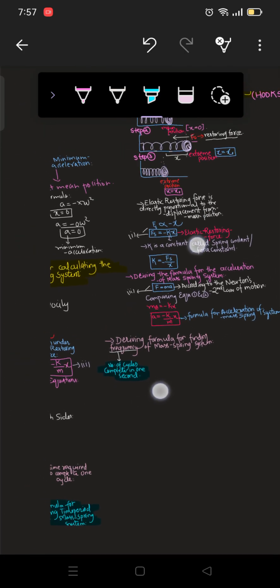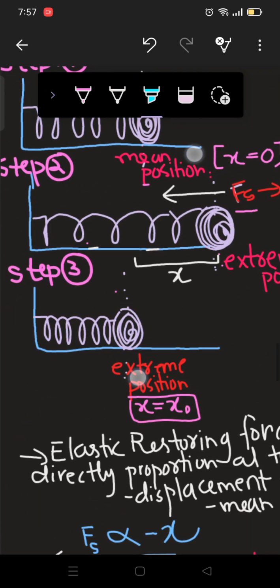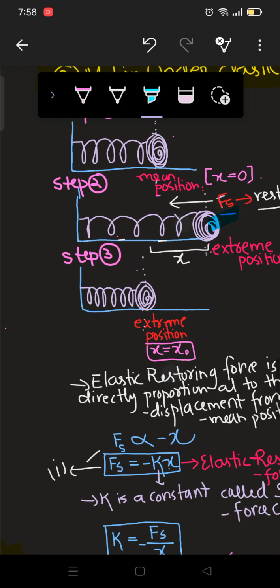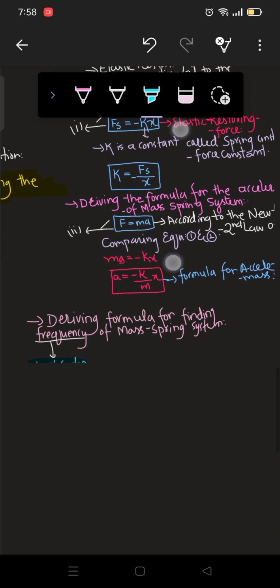So how many times will this body complete its cycle, which means it will go to the mean position, and to the extreme position again, touching its extreme position 2 times, right? In 1 second it can either complete its half cycle or its entire cycle. It depends on the speed of the mass spring system, right?